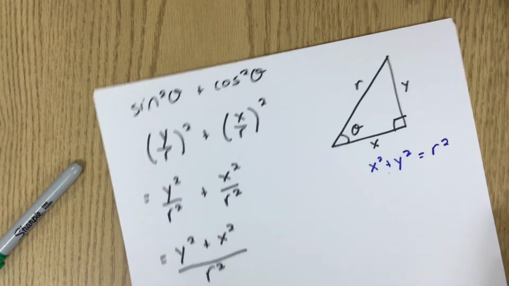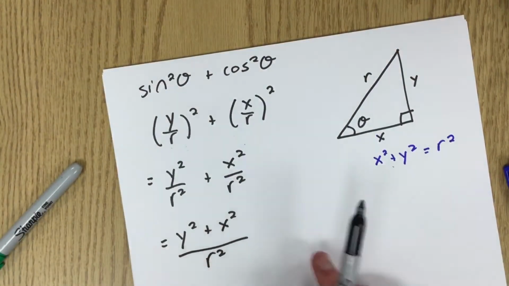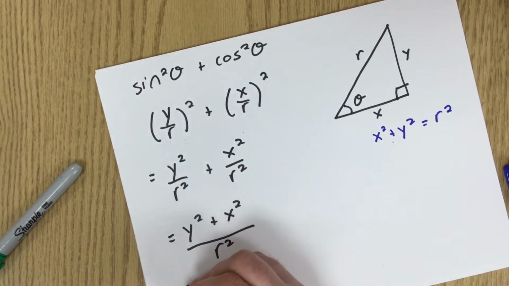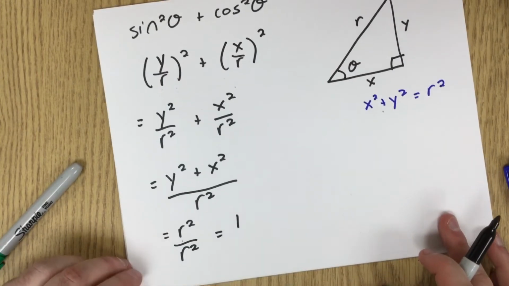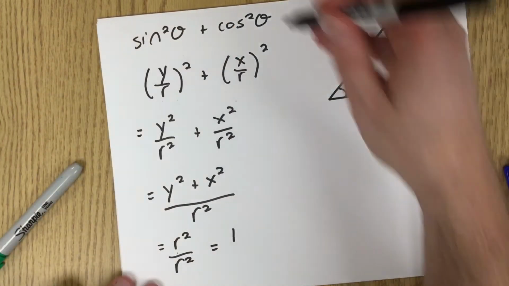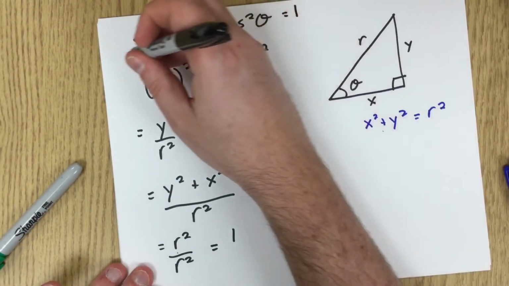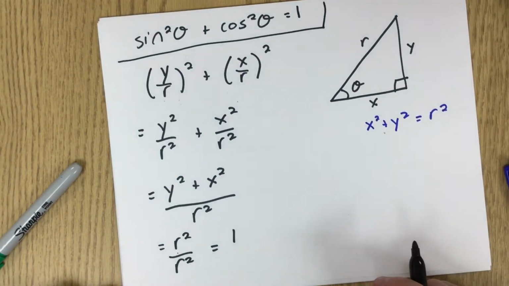So if x squared plus y squared equals r squared, then y squared plus x squared over r squared is r squared over r squared, and r squared over r squared is 1. So sine squared plus cos squared equals 1.